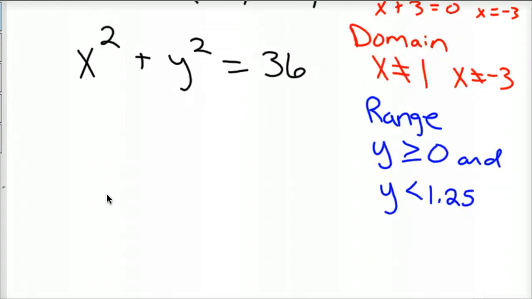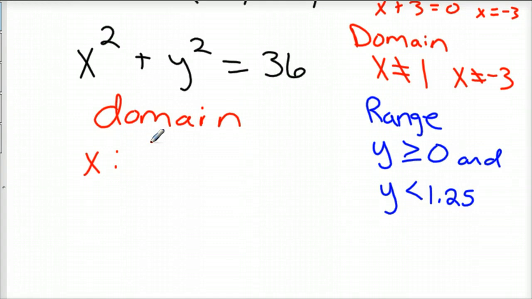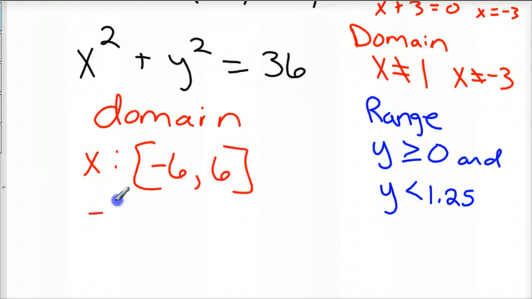So the domain would be x values, and they'd be solid brackets because they include negative 6. So negative 6 to positive 6, solid brackets. Or you could also write it like this, which means the same thing.